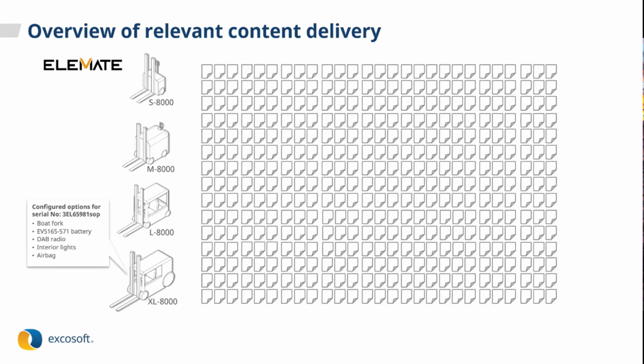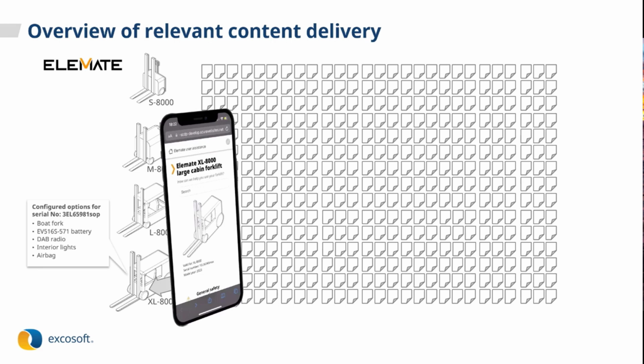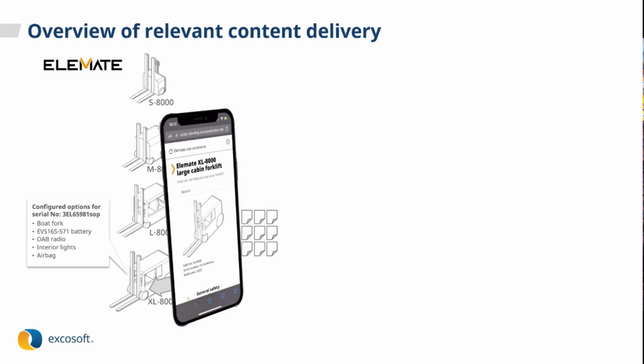And all the content that is available for these models can be visualized like this, can be either topics or publications. So relevant content delivery means that when the user engages with a product, we can help the user to remove everything that is not relevant. To make serial number specific documentation, for example.